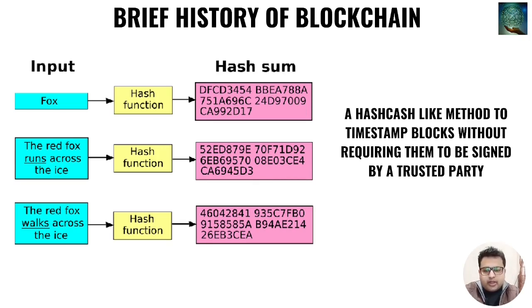He created the hash of timestamps. In order to timestamp blocks, he hashed the timestamp, and that hashed timestamp acts as a digital signature. One more very important feature of a hash function is that it is a one-way function: with the hash, you cannot extract the original input.